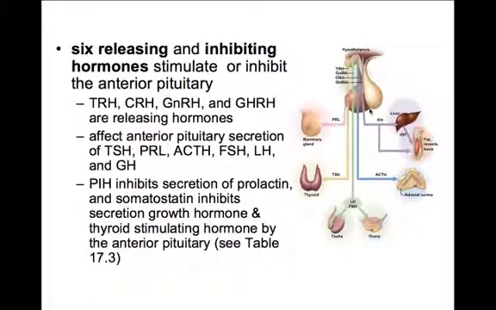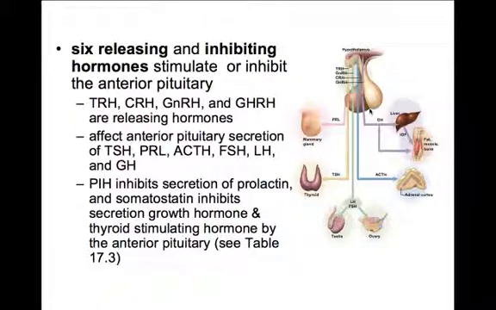The 6 releasing and inhibiting hormones that are secreted by the hypothalamus stimulate or inhibit the anterior pituitary. They are TRH, or thyrotropin-releasing hormone, CRH, corticotropin-releasing hormone, GnRH, or gonadotropin-releasing hormone, and GHRH, growth hormone-releasing hormone.